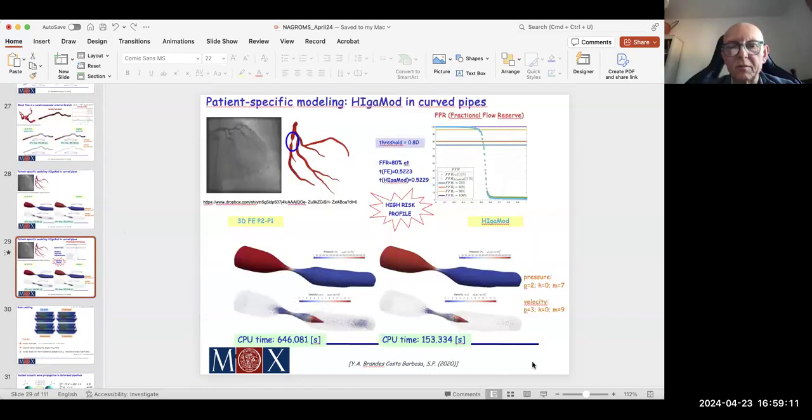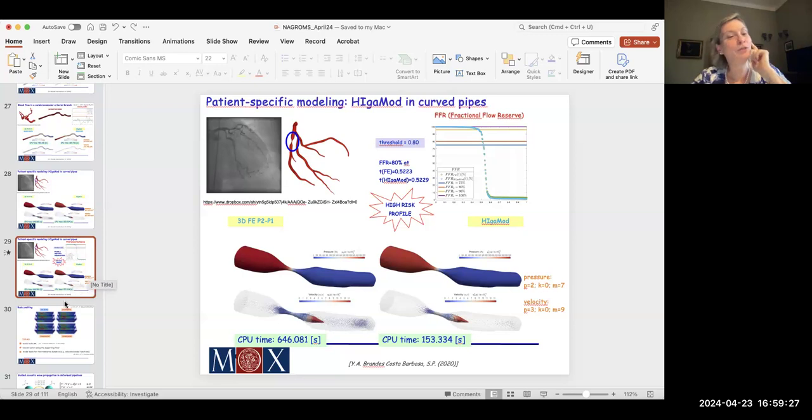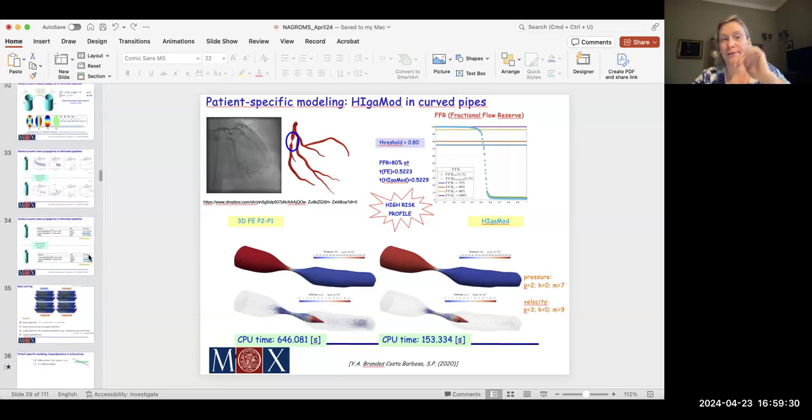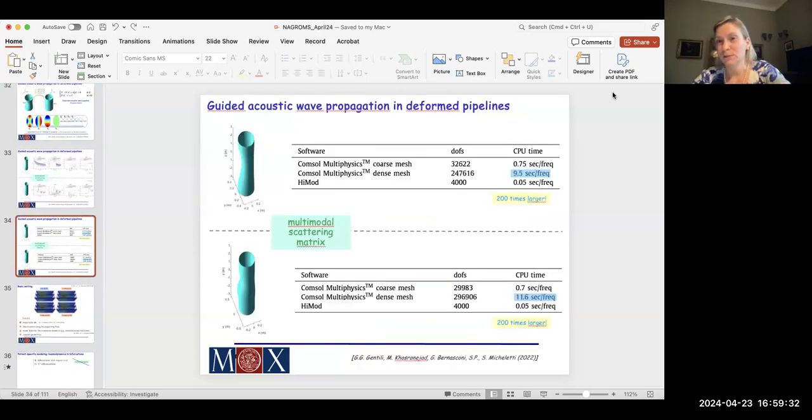Okay. But my question is, can this be improved if the basis functions are specifically designed for the actual problem we consider? Indeed, if you have a look at the results from the electronic department, and I have to be honest, I understand very few of these very boring things.